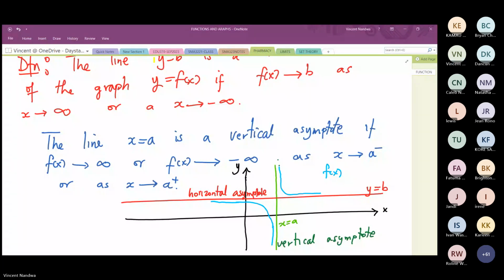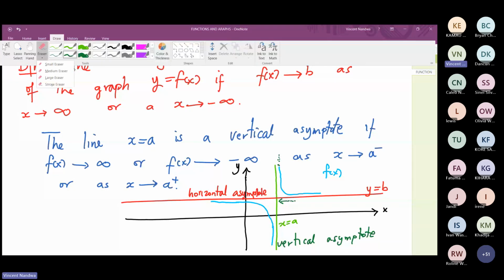Like in this case, this green line, the line x equals a, is a vertical asymptote with respect to this function, these two curves I've drawn here, because as you try to go towards that line from the right-hand side, you see the value of the function will be growing.